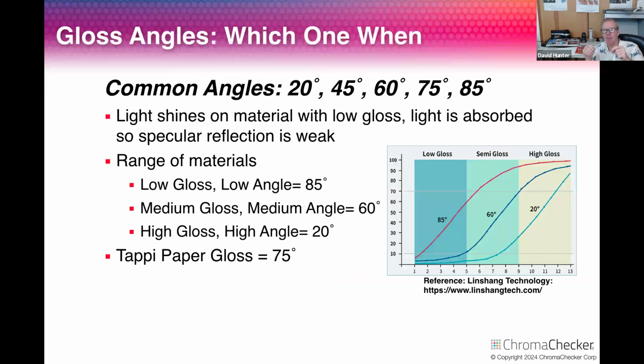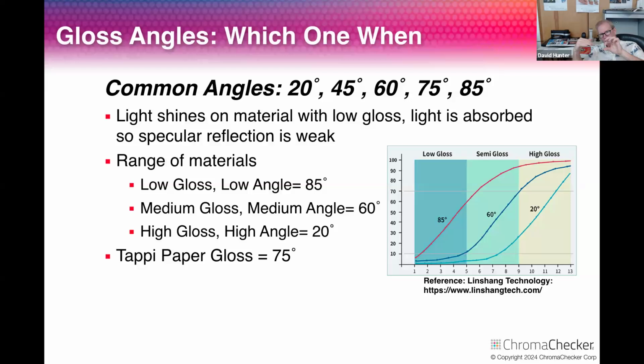Going back to the fact that when light shines on a material with low gloss, most of that light is absorbed, so the specular reflection is weak, which means you typically want a higher degree angle, which is 85 degrees. It's actually defined as a lower degree, even though the number's higher.